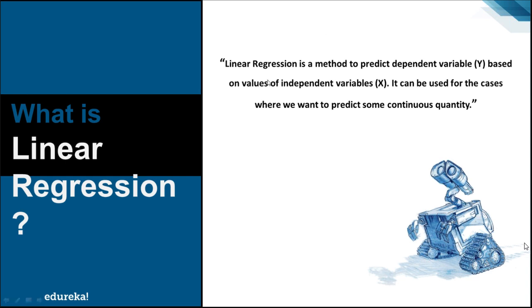So what linear regression exactly is: it is a method to predict the dependent variable y. What is the dependent variable y? We call it the output variable, in this case the temperature, based on the values of the independent variable x. Some values like x are given, on which y is dependent.